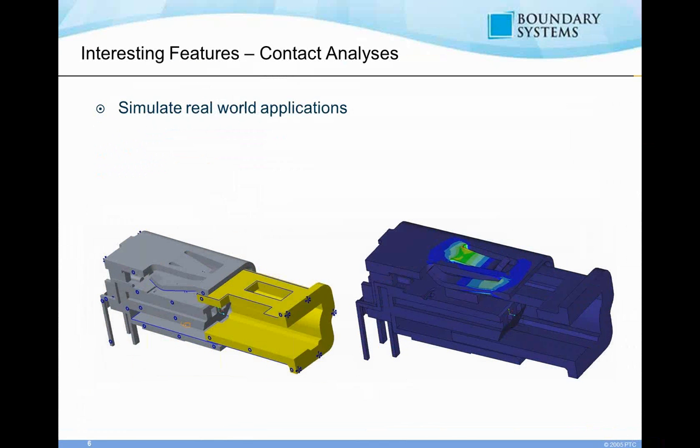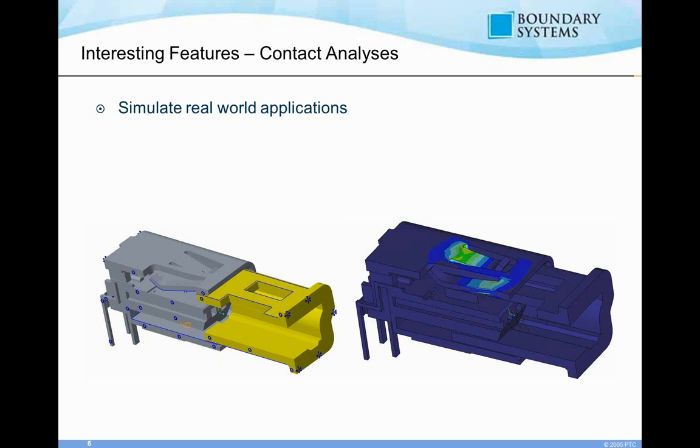Next up, we're going to highlight using contact analyses. With typical FEA analyses, the assumption is that everything is basically bonded or superglued to each other. So if you have an assembly of multiple components, all those different components are superglued to each other.